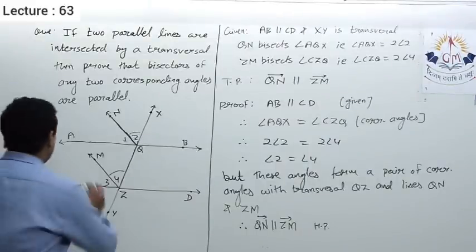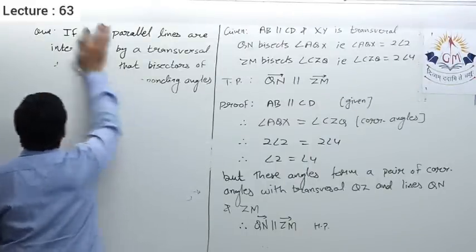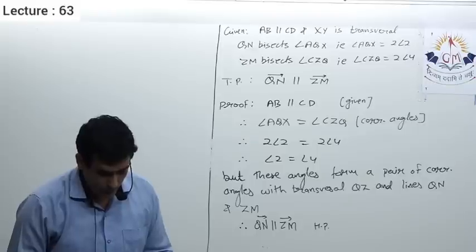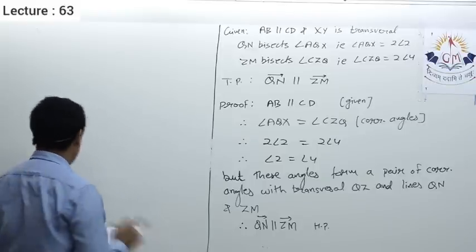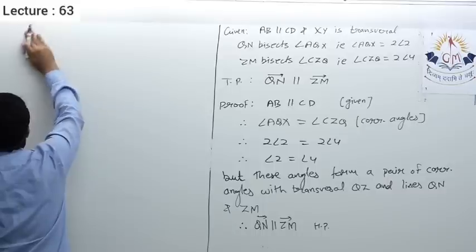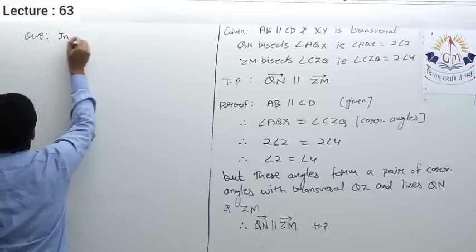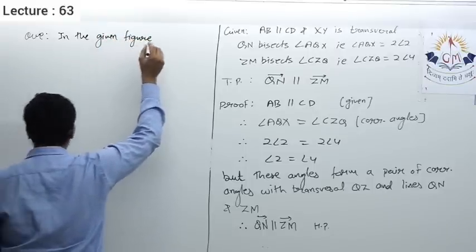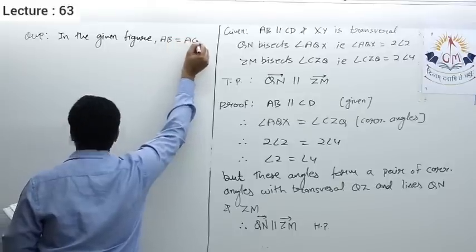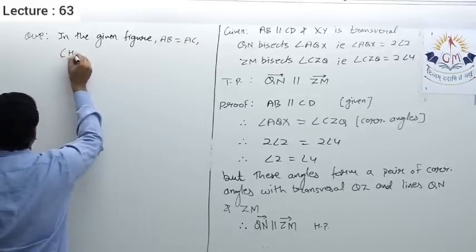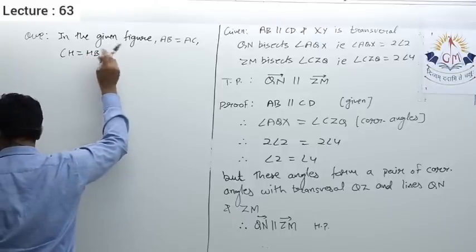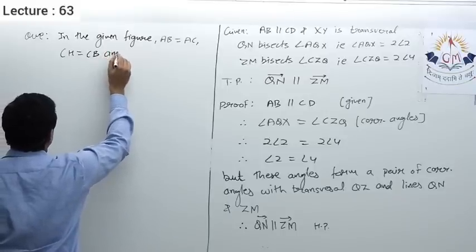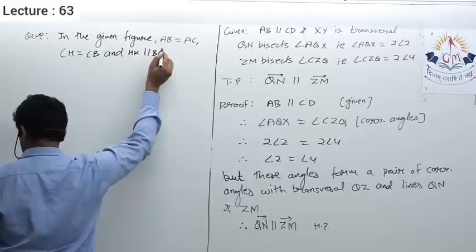Okay, now let us see the next question. In the given figure, AB is equal to AC, CH is equal to CB actually, and HK is parallel to BC.